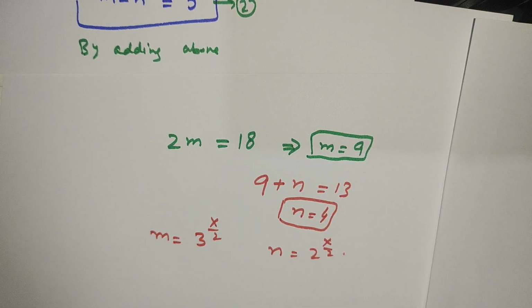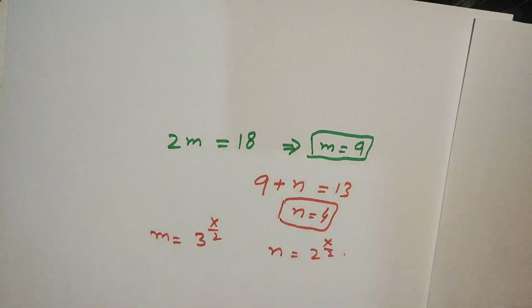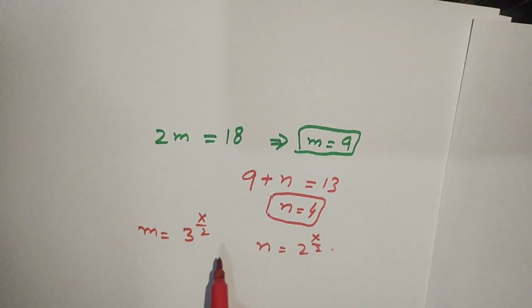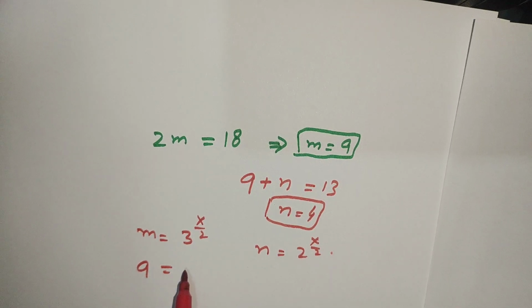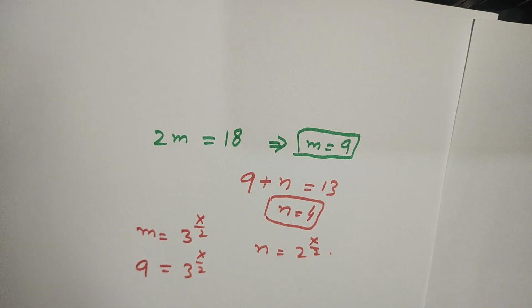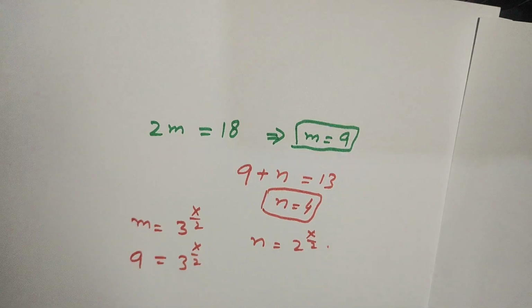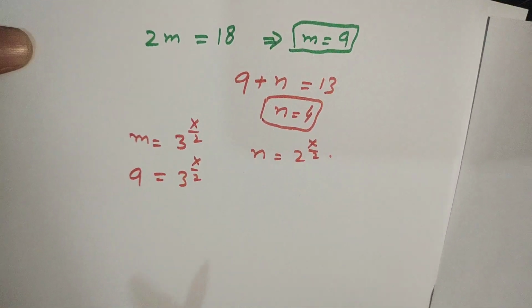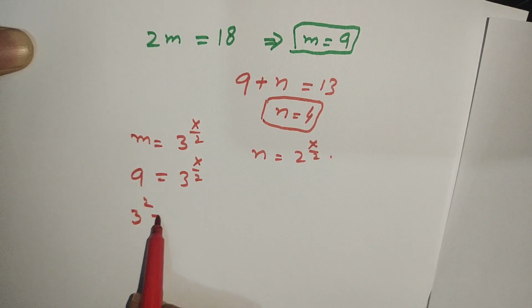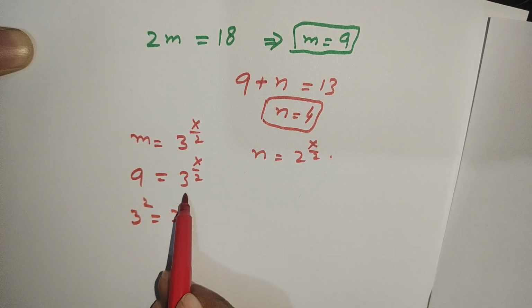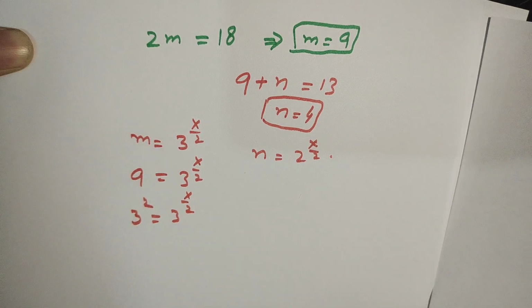So by putting the values of m and n here, we get 9 is equal to 3 raised to power x over 2. By rewriting this expression, I can write 9 as 3 raised to power 2 is equal to 3 raised to power x over 2.